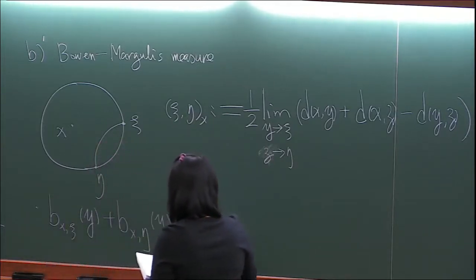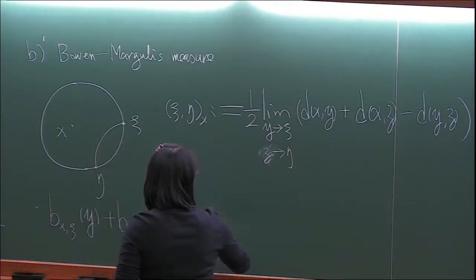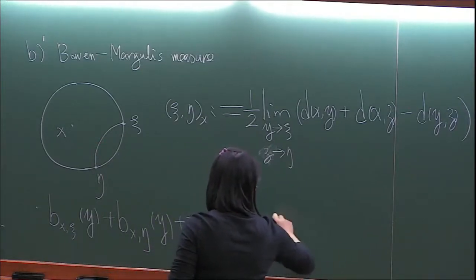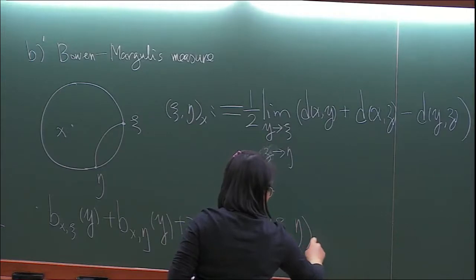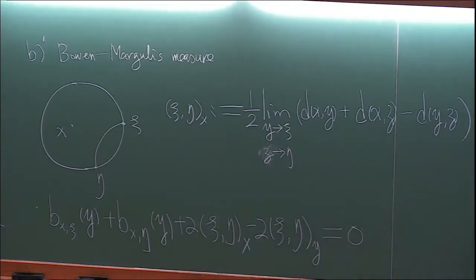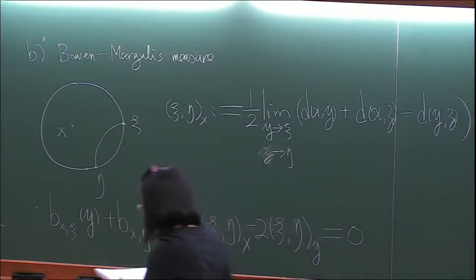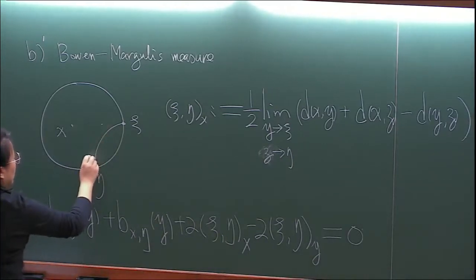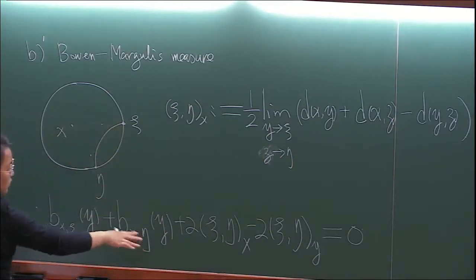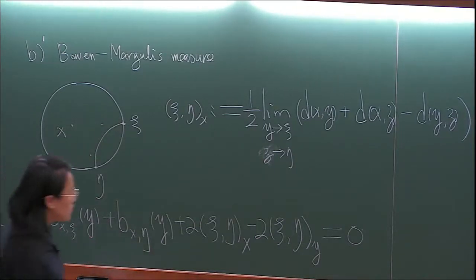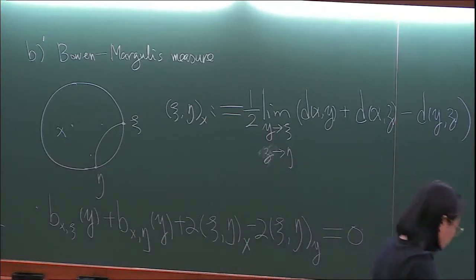Okay. Then plus 2 equals 0. You just let x prime and y prime go this way, and then you write down the definition. Okay, so we will use this relation.